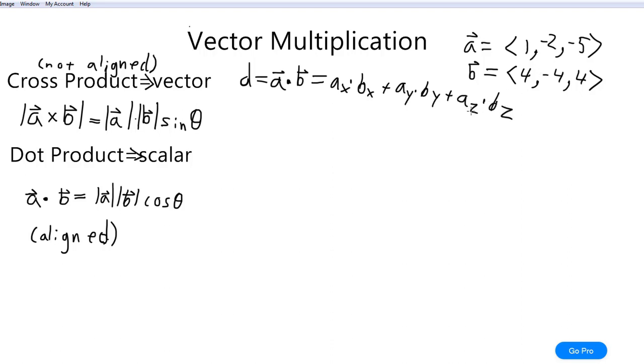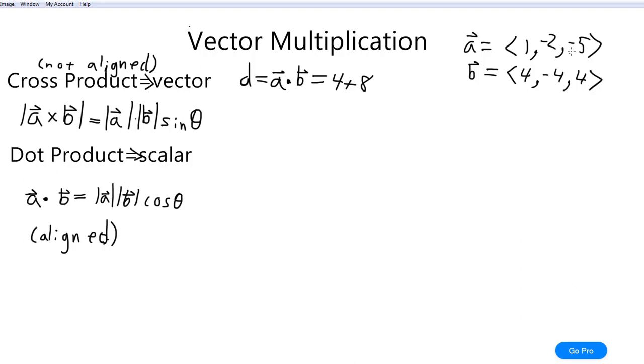Let me get rid of all that. It's just x's times x's, y's times y's, and z's times z's, and so on, and then you add all those up together. In the end it's going to be 1 times 4, so that gives us 4, and then we're going to add negative 4 times negative 2, so that gives us 8.